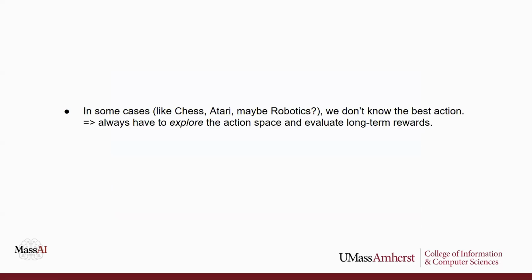And so in some cases, for example, like in chess or in Atari or maybe in robotics, we often don't know what the best action is. If you're a chess player, then there are a gazillion possible moves that you can take, and you want the agent to be able to explore new ways. Maybe you sacrifice a bishop or a queen or something, but eventually you win the game.